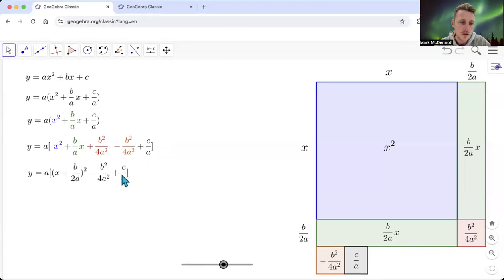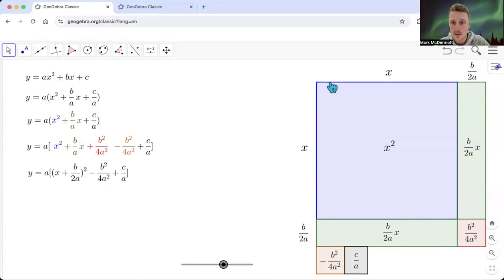Okay, and then what we need to do is we need to factorize now. So now we think to ourselves, let's just look at these first three terms. Well, those first three terms make up the main part of the square, right? So you've got x squared plus b on a x plus b squared on 4a squared. So we can factorize that.